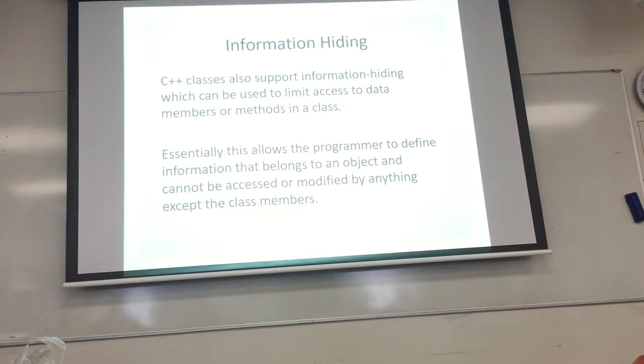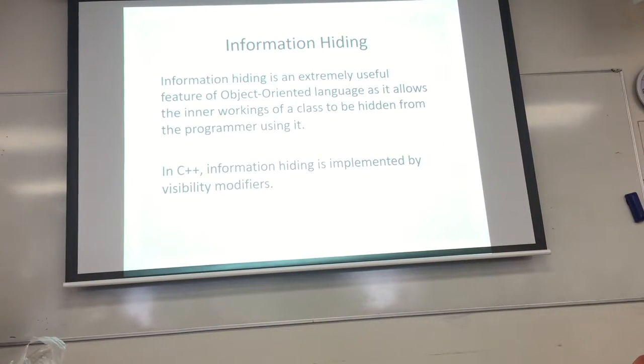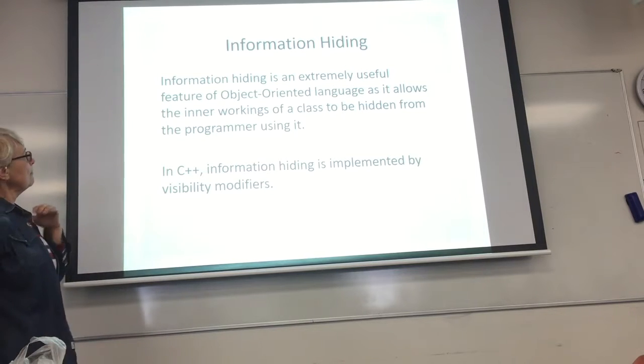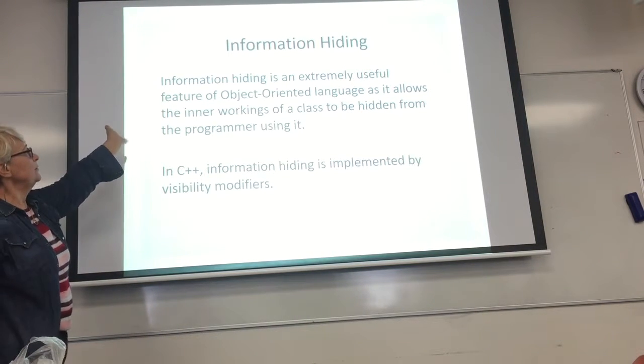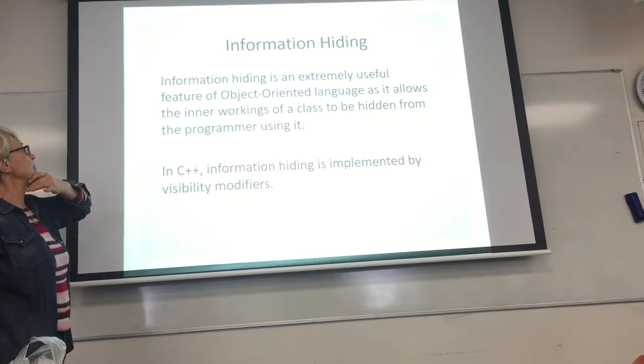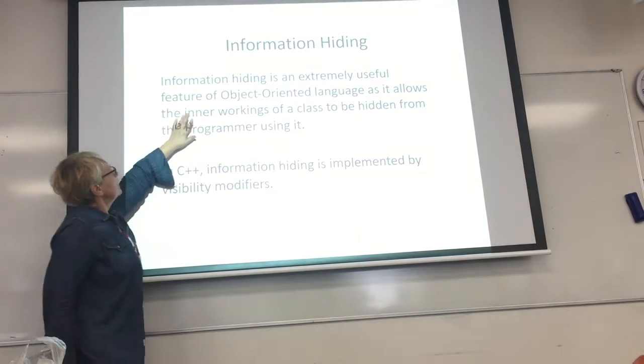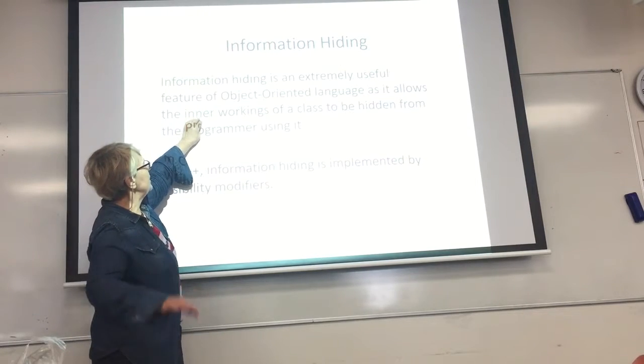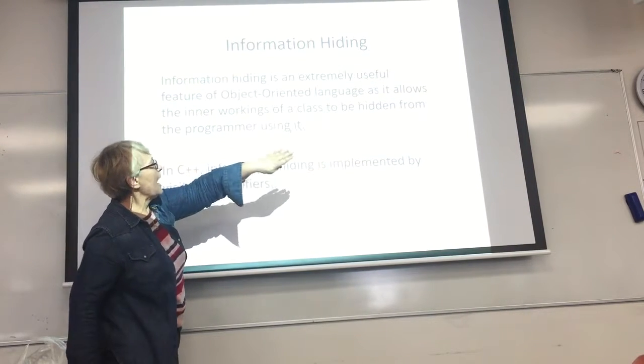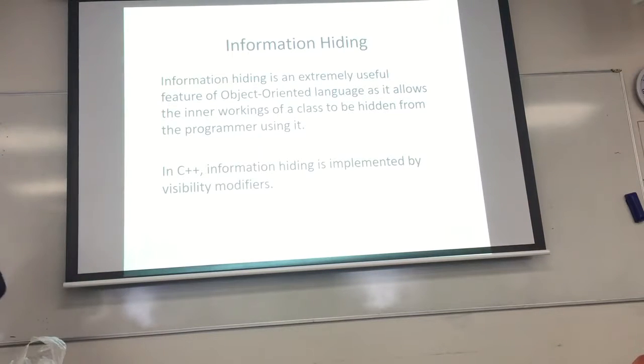So this splits the information into what is available to the outside world and what is not available. Extremely useful feature. Security issues somehow are related to this hiding. Inner workings of a class should be hidden. You don't know how the string is implemented.